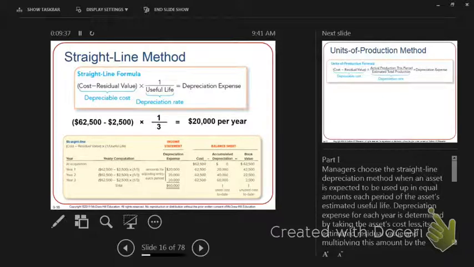So the same thing, 62.5 minus 2,500 times 20 over 100 gives you 12,000.